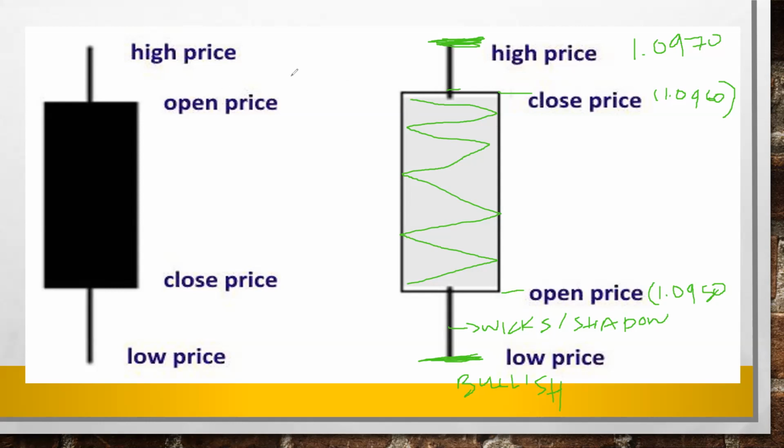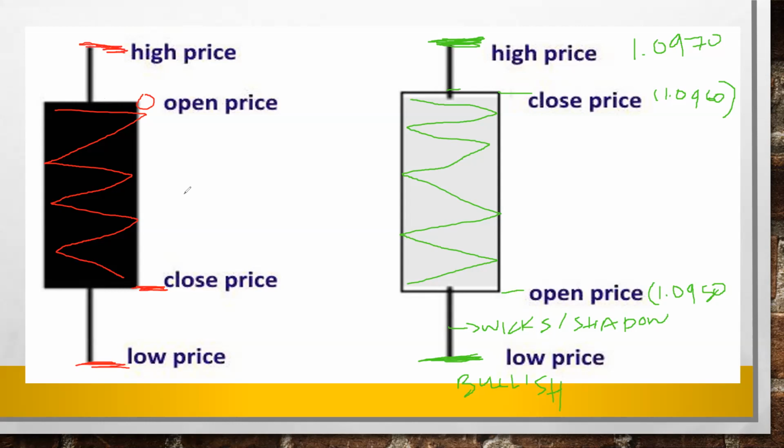It is red in color, which means this will be the open price where it starts, and this will be the closing price. This is the lowest price, which means it reached a certain low, but when its time was complete, it closed above. Or even if it opened there, at a certain point it went up to this price, then it went down.